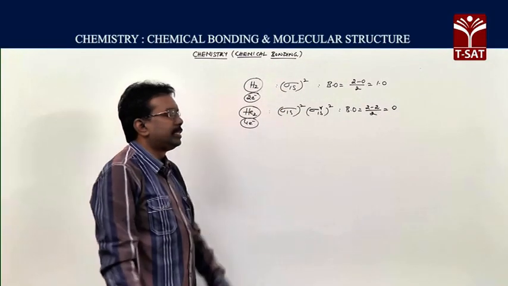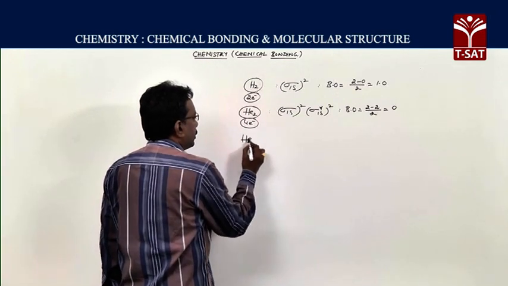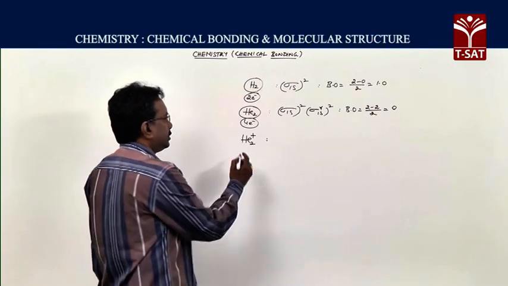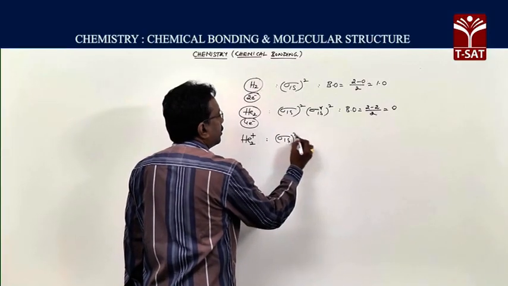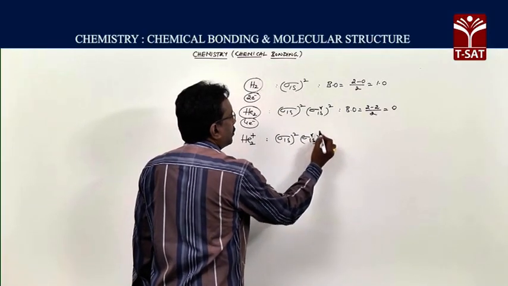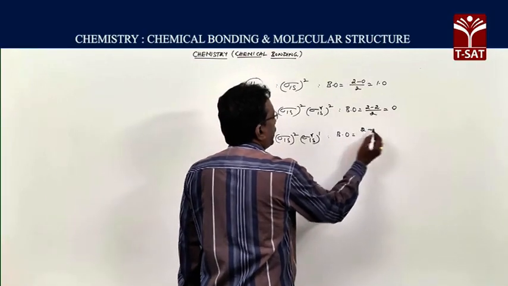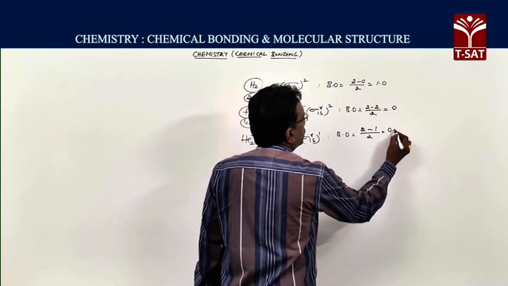That means this type of species does not exist. Now I am going to He2 plus ion, a 3 electron system, then its configuration becomes σ1s2, σ*1s1. For this, bond order is equal to (2 bonding electrons minus 1 antibonding electron) by 2, that is 0.5.